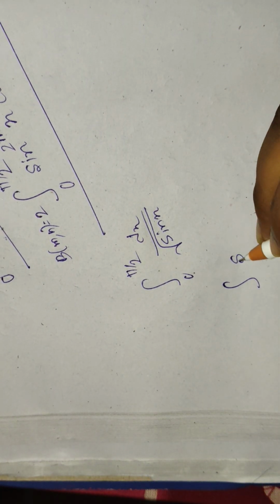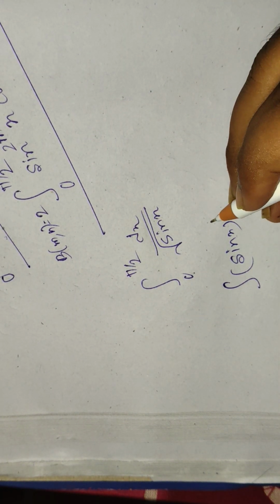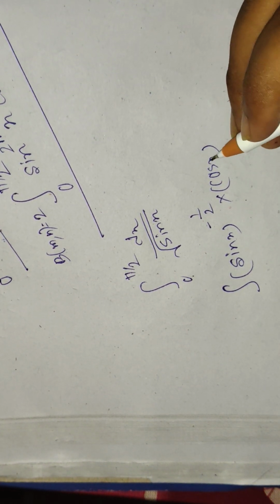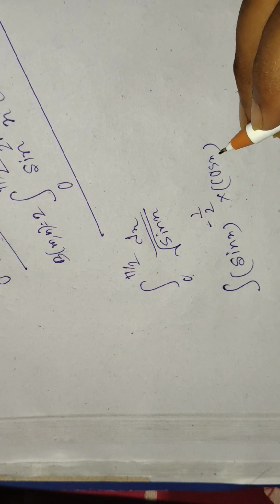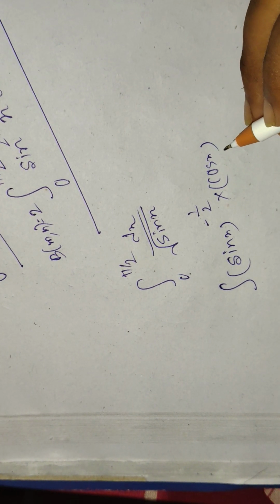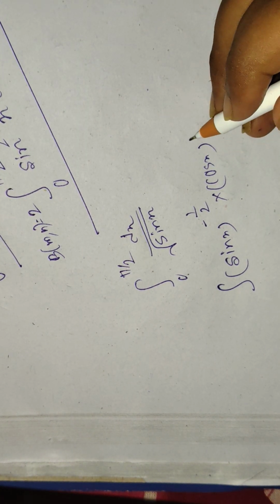So this is (sin x) to the power minus half into (cos x) to the power 0 dx, from 0 to pi by 2, because we are multiplying 1 with sin to the power minus half, and we can replace the 1 as cos x to the power 0.